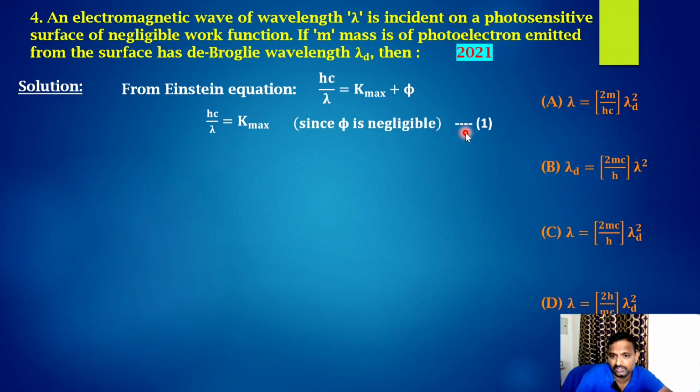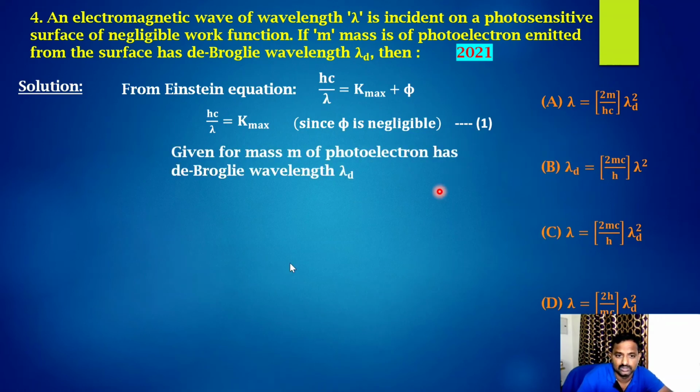So it is equation 1. Given a photoelectron of mass m has de Broglie wavelength lambda suffix d.